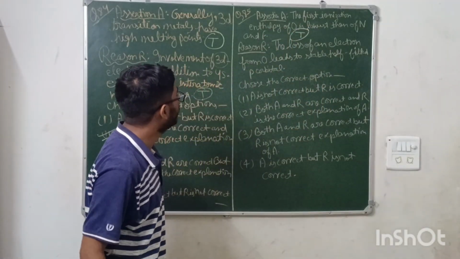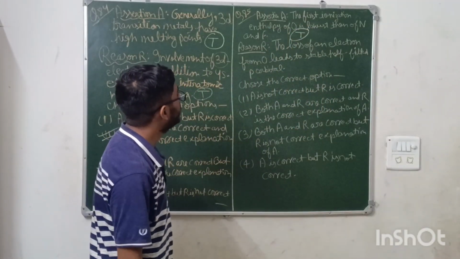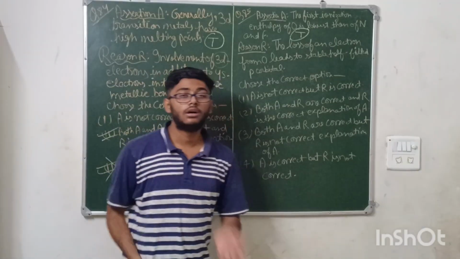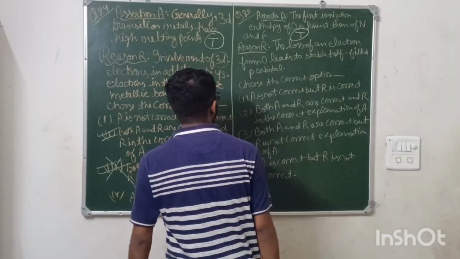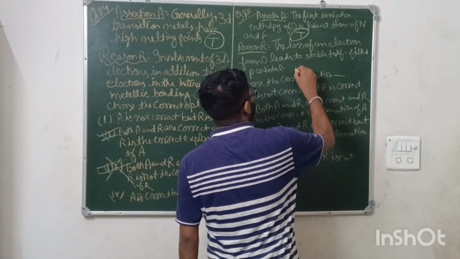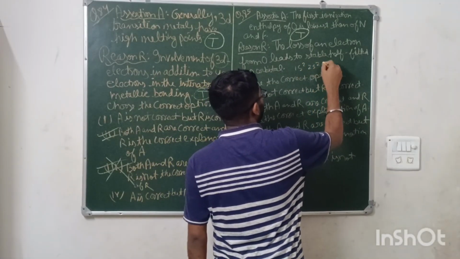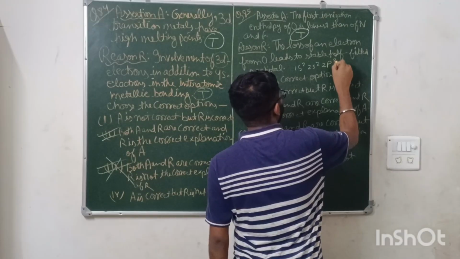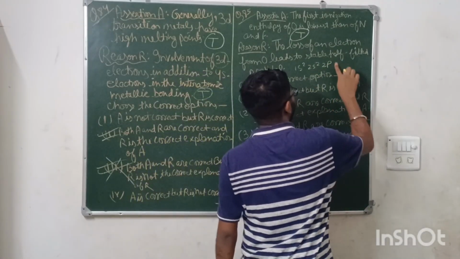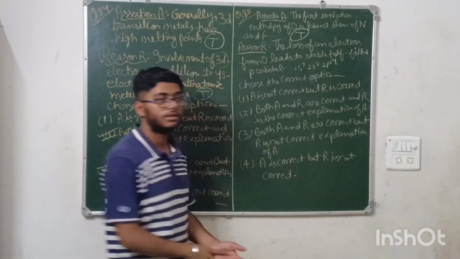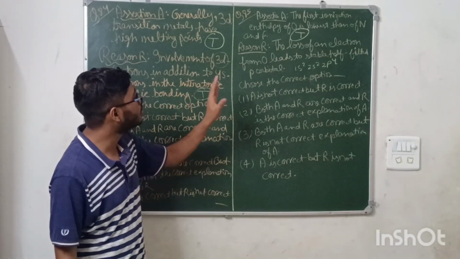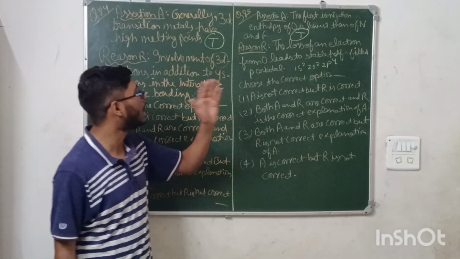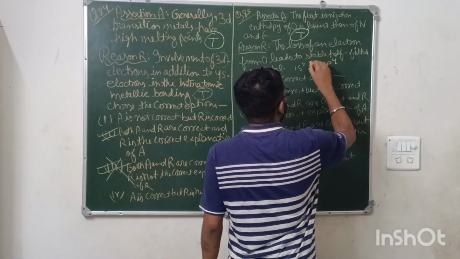The loss of an electron from oxygen leads to the stable half-filled p orbital. If you write the configuration of oxygen, it is 1s2, 2s2, 2p4. Now it's saying the loss of an electron from oxygen leads to a stable half-filled p orbital.